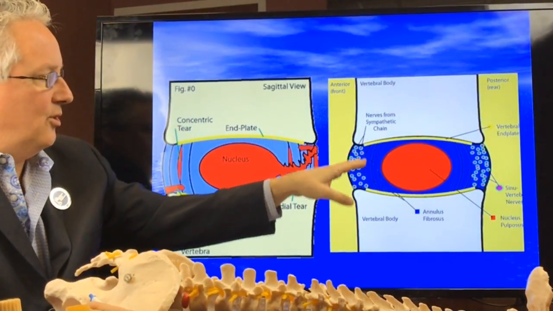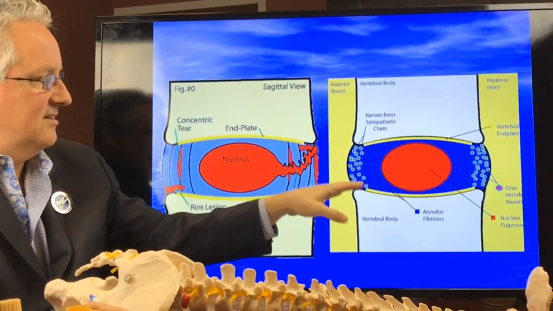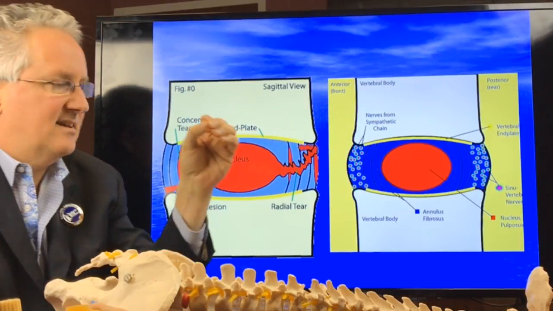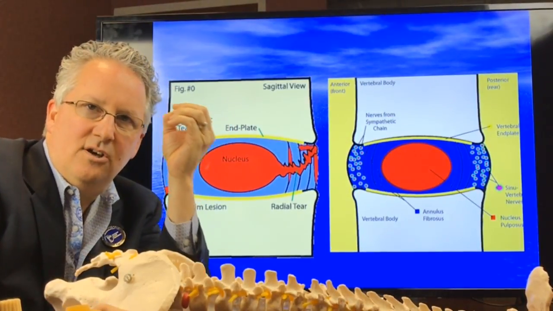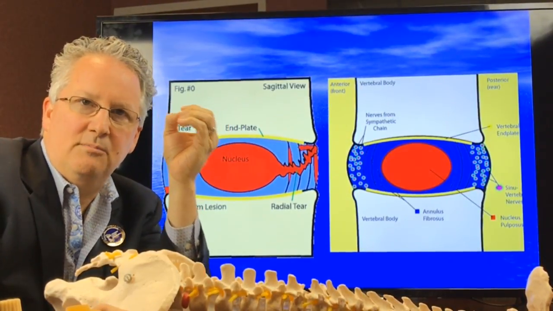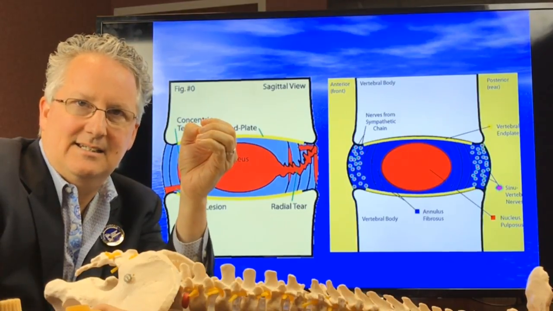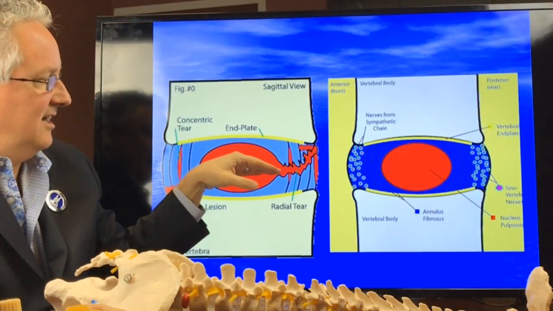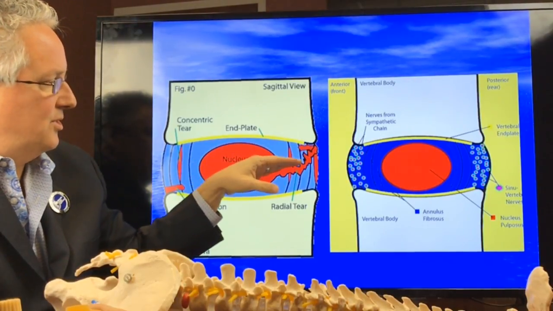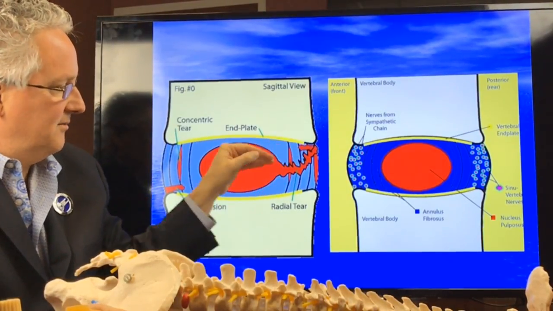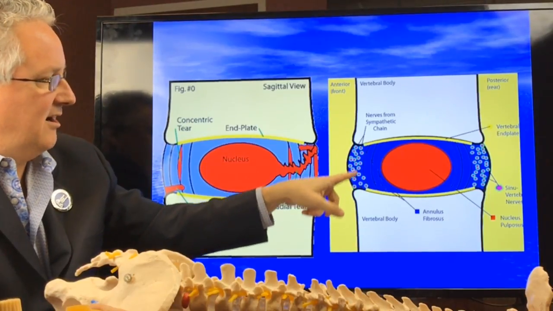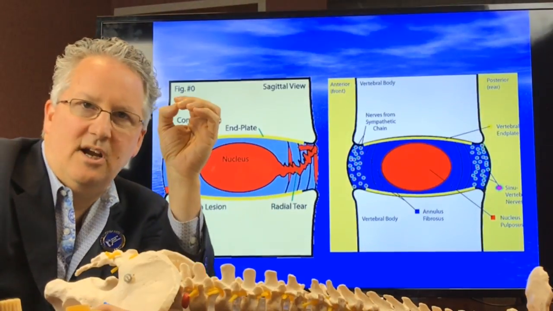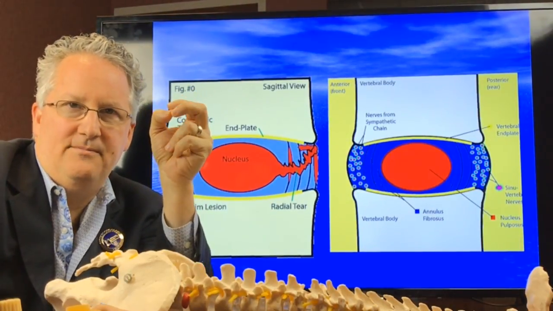Now the outer portion of the annulus, probably the outer half, has nerves in it, and those nerves tell the brain when there's something wrong with the disc. As this tear in the annulus starts to push out and the nucleus pushes out, it'll push past this area where the nerves are, which would be right in here, and as it tears through there, it becomes very painful.